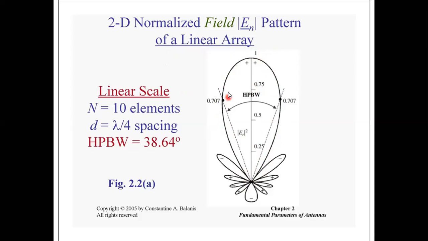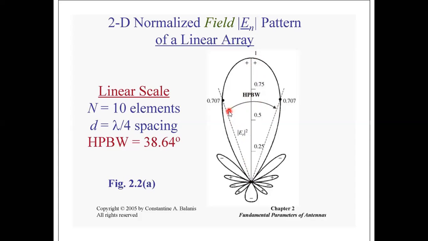So we normalize it, that means we divide with its maximum value. 30 by 30 is 1, and the remaining values will be less than 1. So it varies from 0 to 1, and the maximum value is 1 at the center.